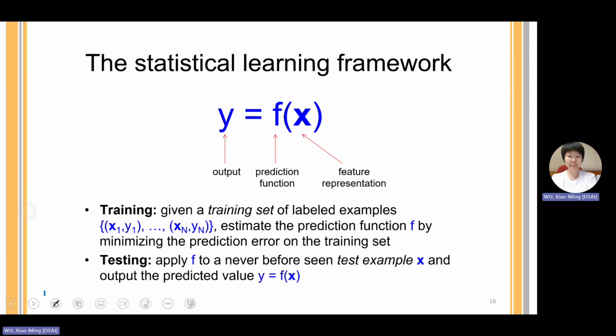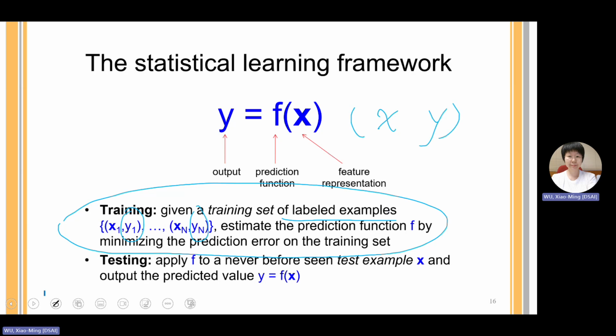During training, we are given a set of training data with ground truth. Typically we represent labeled training samples using X and Y pairs, where X usually represents the input feature. You can think of X as the image or its features.